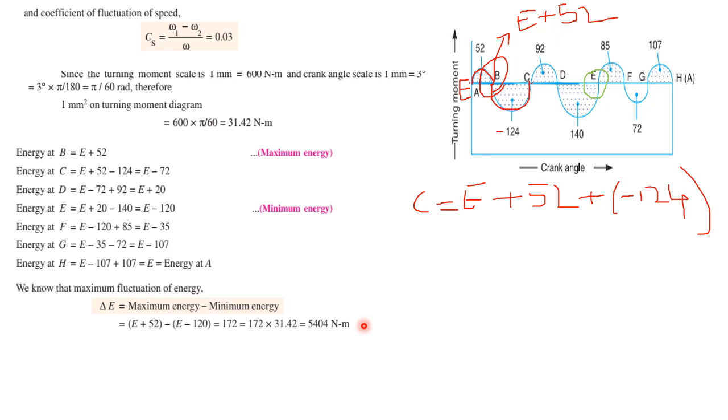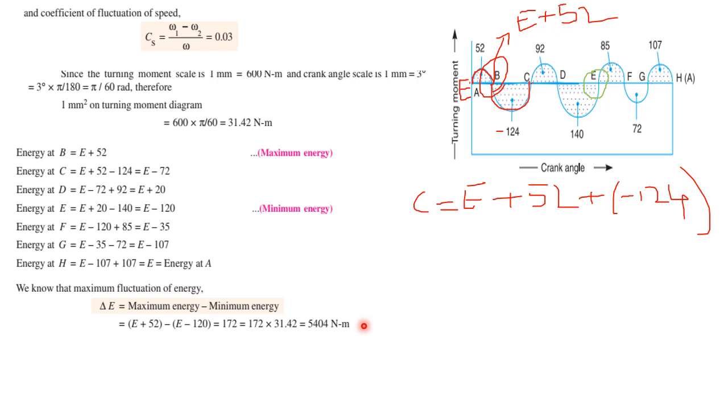In the question, he has asked us to find out the mass of the flywheel. For finding the mass of the flywheel, we know one more formula: the maximum fluctuation of energy delta E is equal to I omega square multiplied by Cs. I is the mass moment of inertia, omega is the mean speed, and Cs is the coefficient of fluctuation of speed.